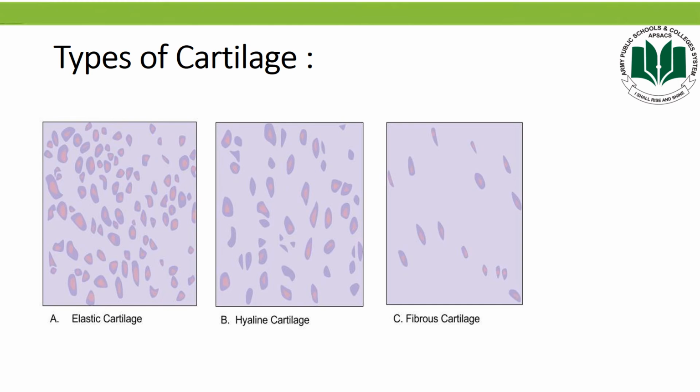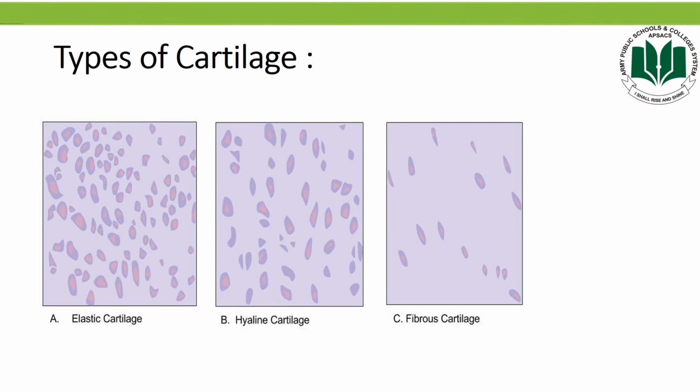And the third one is fibrous cartilage. As you see in the diagram, it is composed of thick collagenous fibers and is found in a few parts of the body, like between the intervertebral discs and in the cartilage of the knees. So these are the main types of cartilage that remain in the adult human body.